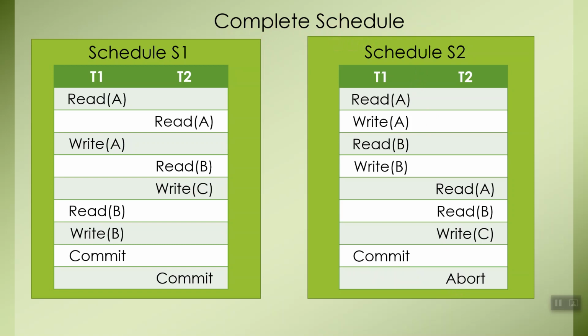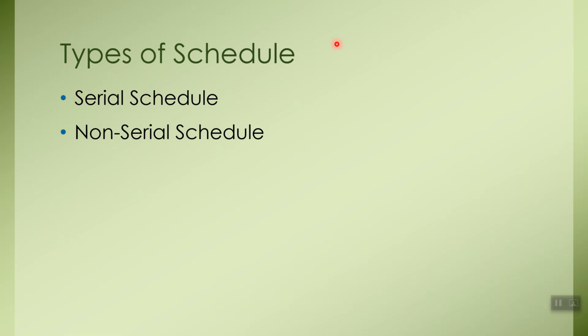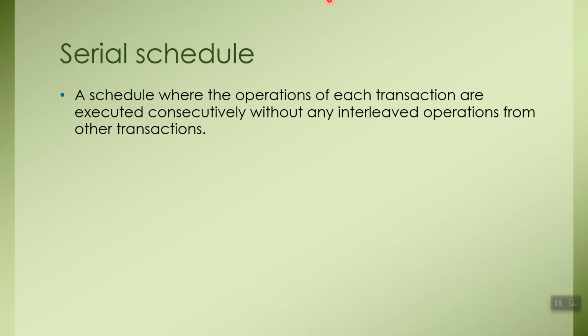Okay, now we'll move on to what the types of schedules are. The first type is the serial schedule, the next is the non-serial schedule. Now first we'll have a look at what a serial schedule is. Alright, so what is a serial schedule? A schedule where the operations of each transaction are executed consecutively without any interleaved operations from other transactions.